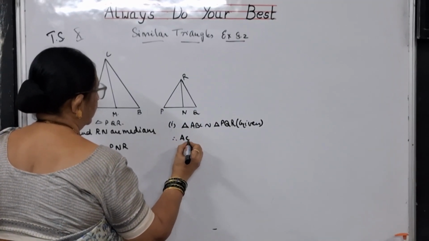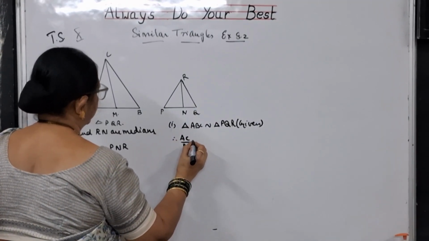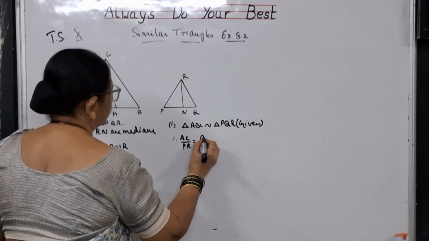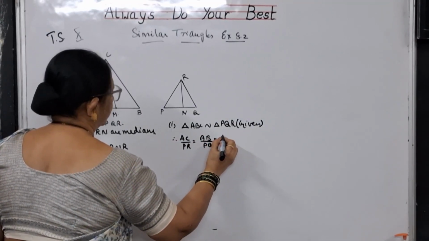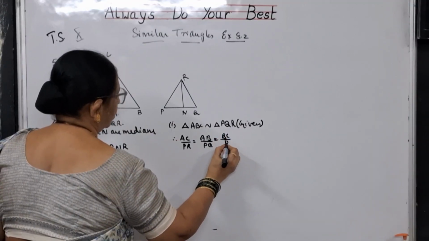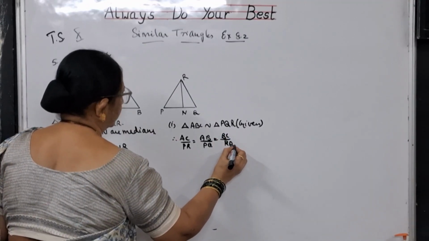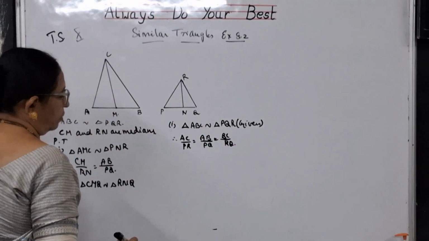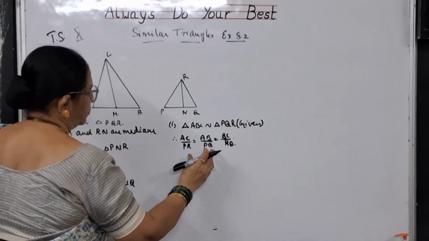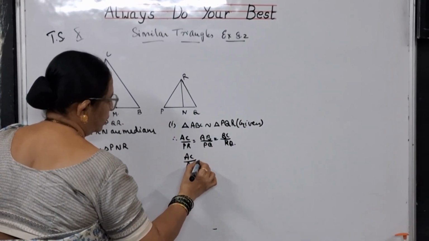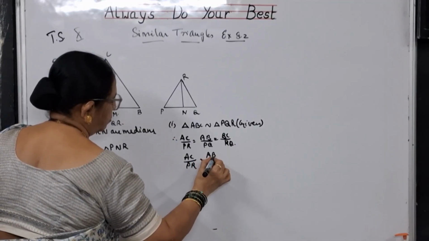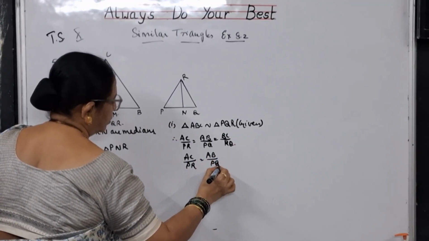Therefore, AC by PR is equal to AB by PQ is equal to BC by RQ. Now I am taking these two. AC by PR is equal to AB by PQ.